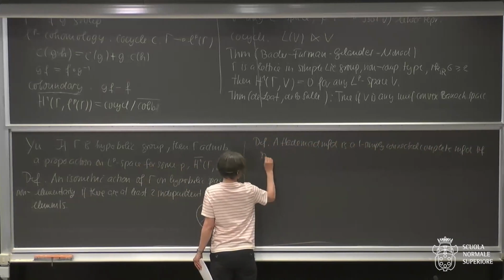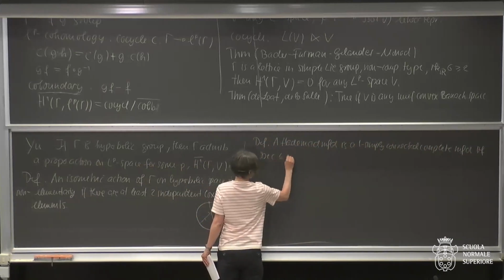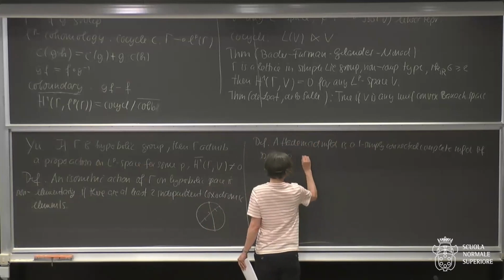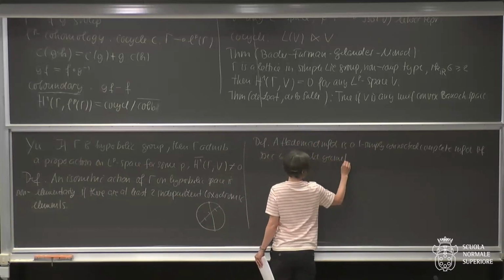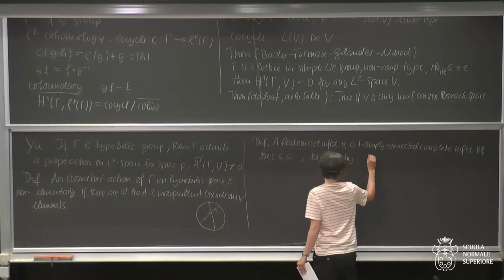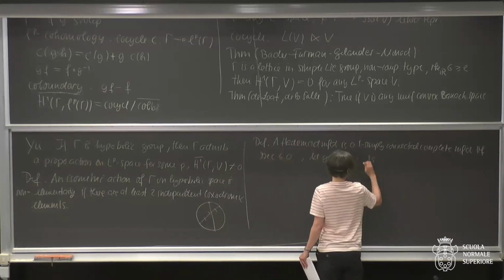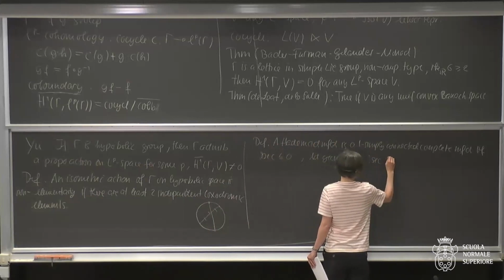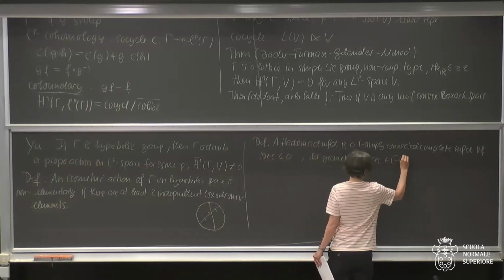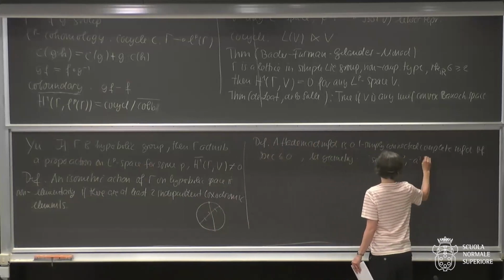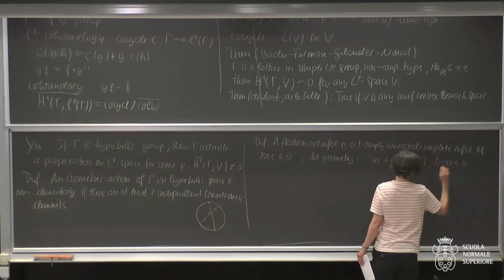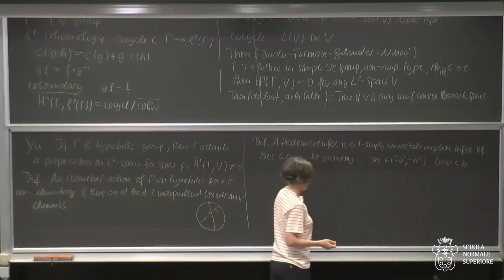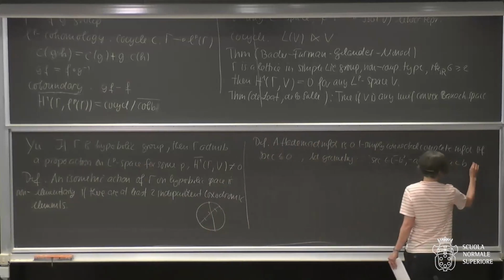So the sectional curvature is less or equal than 0, but I want now bounded geometry, which means that the sectional curvature is contained in an interval of the form minus b square, minus a square, where a is a positive number and is less than or equal to b, and b is of course not infinite.